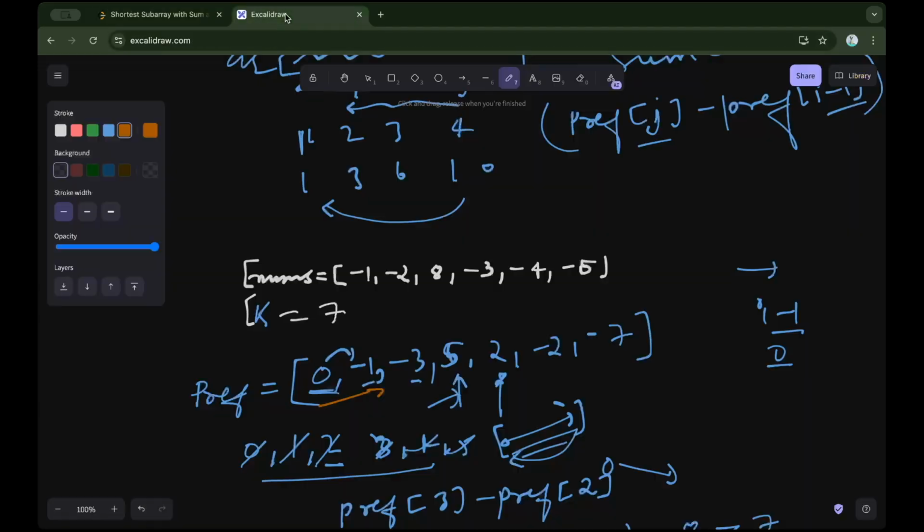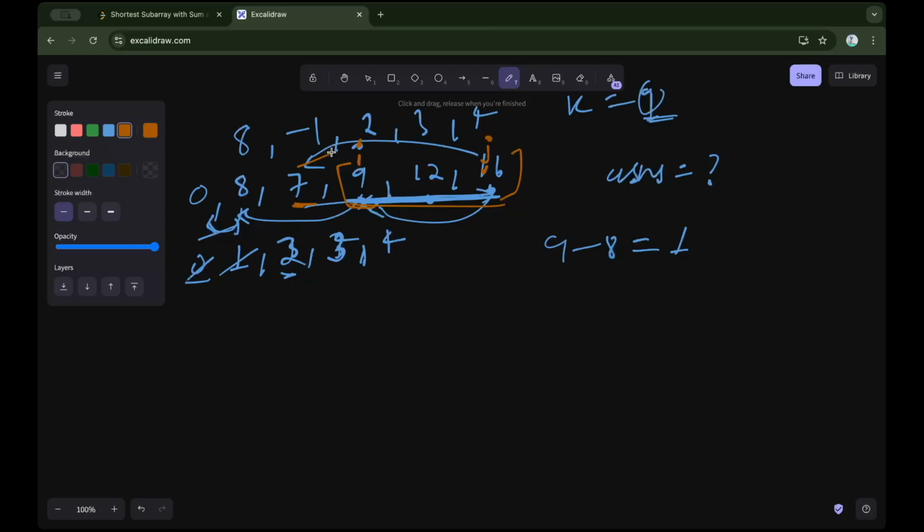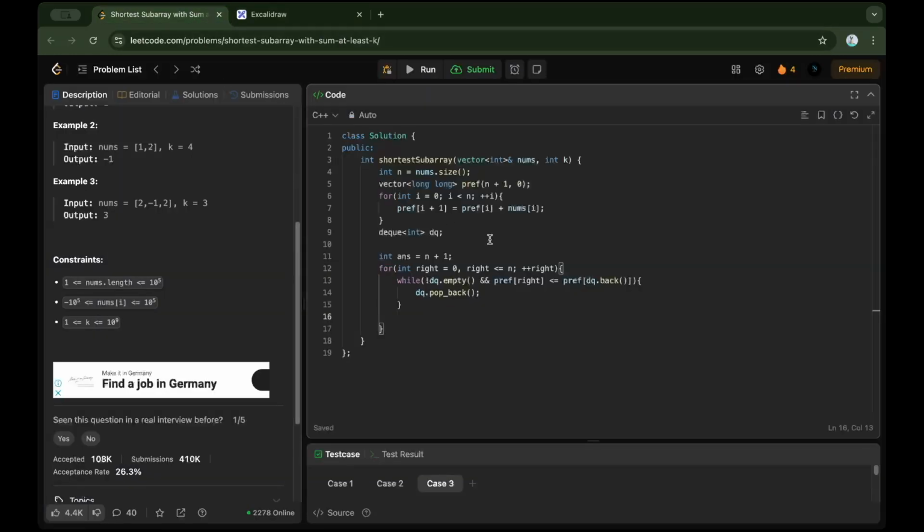Now, if this condition is satisfied, that this is increasing, then we'll check whether these have a difference of k or not.